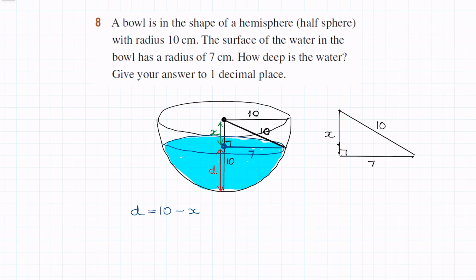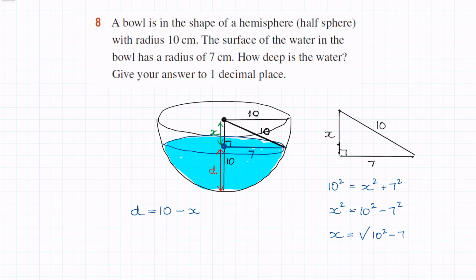So we can use Pythagoras. We know that the hypotenuse squared is equal to the sum of the squares of the other two sides. We want x, so we'll say x squared is equal to 10 squared minus 7 squared. And then if I take the square root of both sides, I'll have x is the square root of 10 squared minus 7 squared.